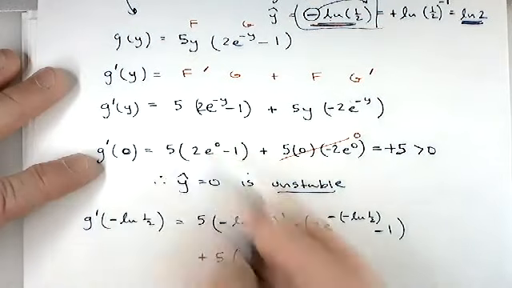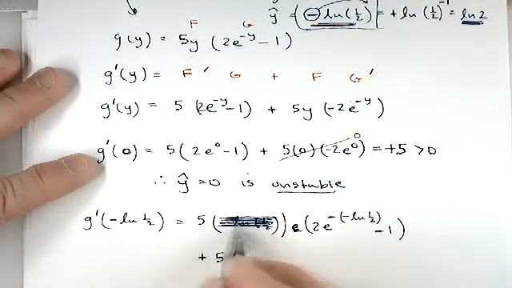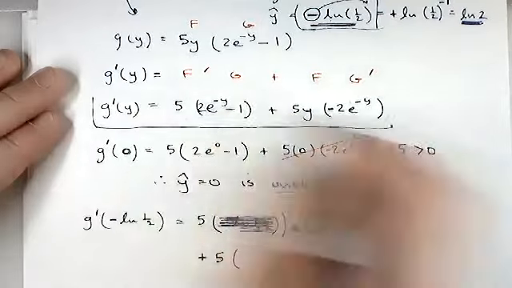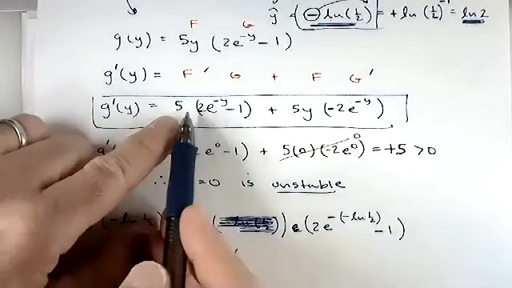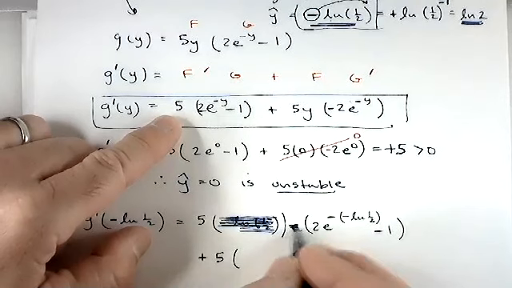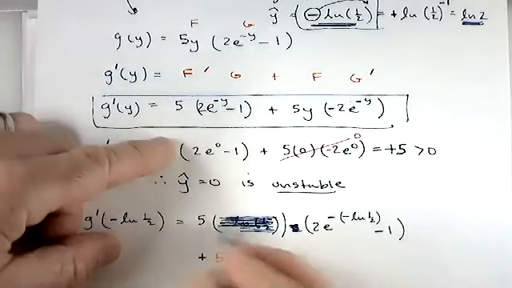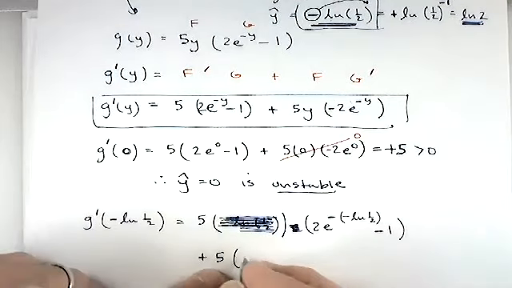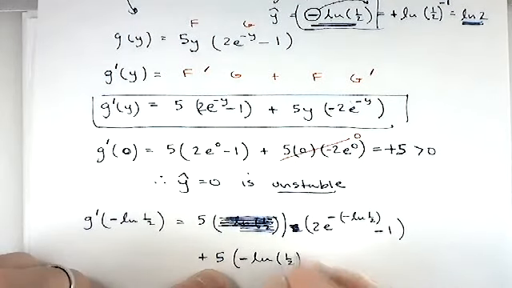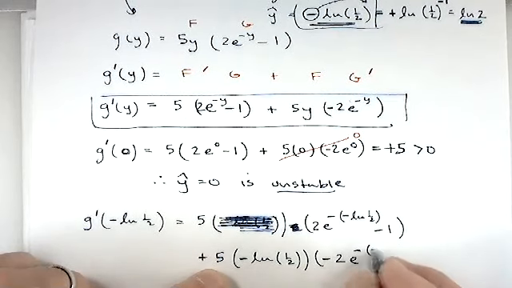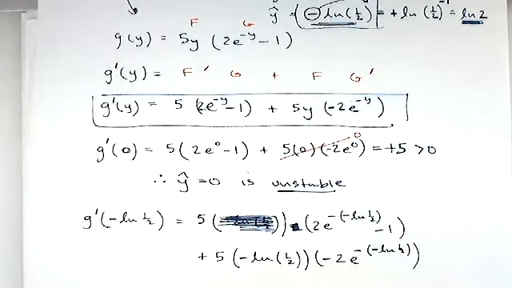I did this wrong, didn't I? This didn't need to go there. I should have just had 5 times 2e, there we go, minus 1. I didn't need that, but this one's going to need it, plus 5 negative ln of 1/2 times negative 2e to the negative ln of 1/2. All right, let's see what happens.